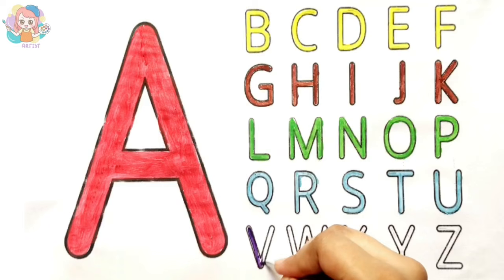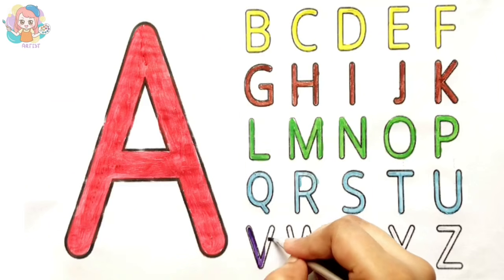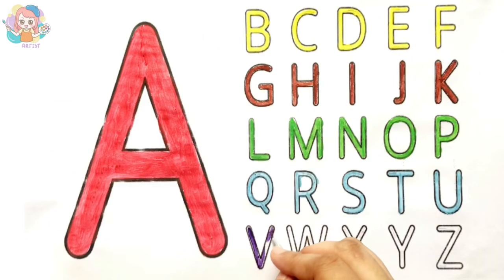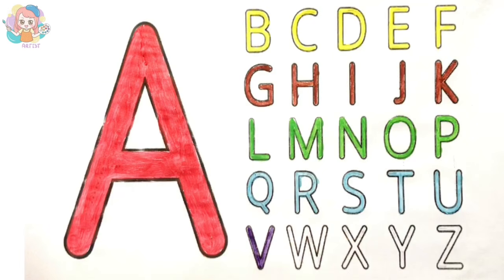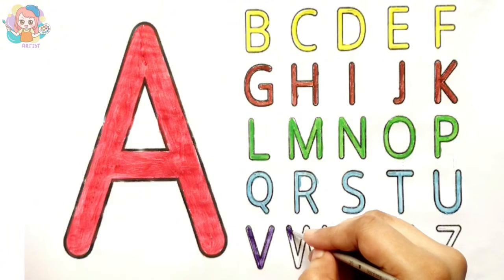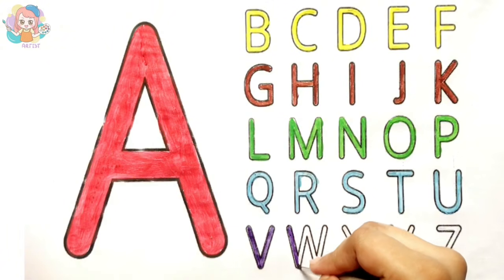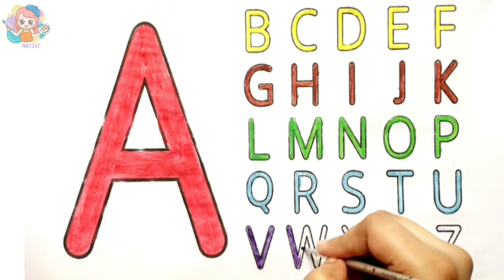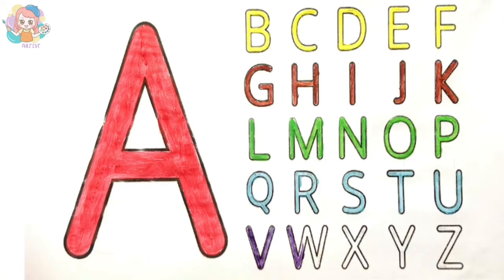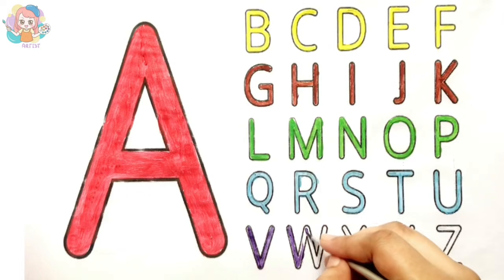Purple color. V for violin. W for watermelon.